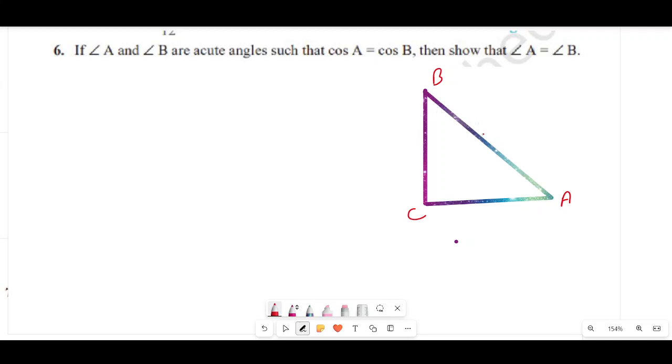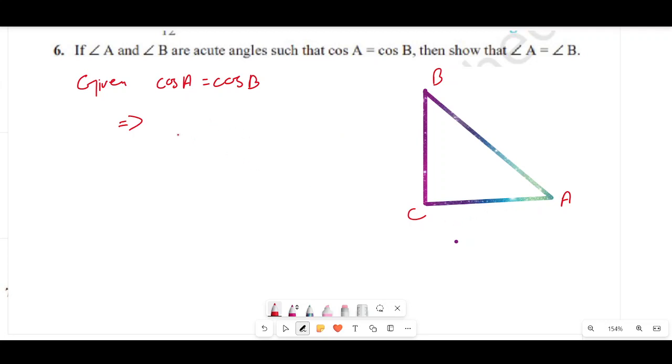Acute angles are given such that cos A equals cos B. Now, given cos A equals cos B, we can write the value of cos A. If you talk about A, this will be the perpendicular, this will be the base, this will be the hypotenuse. The value of cos A is base by hypotenuse.